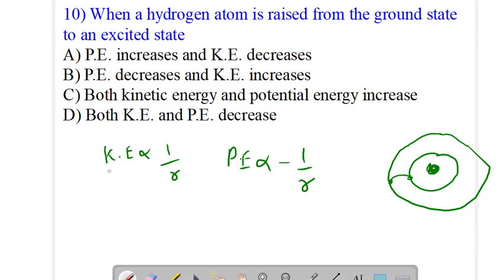In case of kinetic energy, as r increases, kinetic energy decreases. But in case of potential energy, as r increases, the potential energy also increases, because there is a negative sign. So potential energy increases and kinetic energy decreases. So the first option, A, is correct.